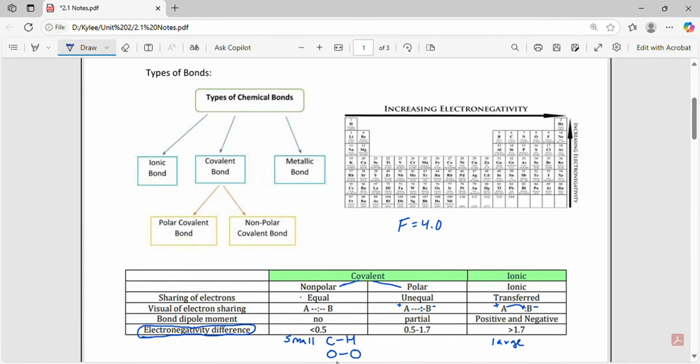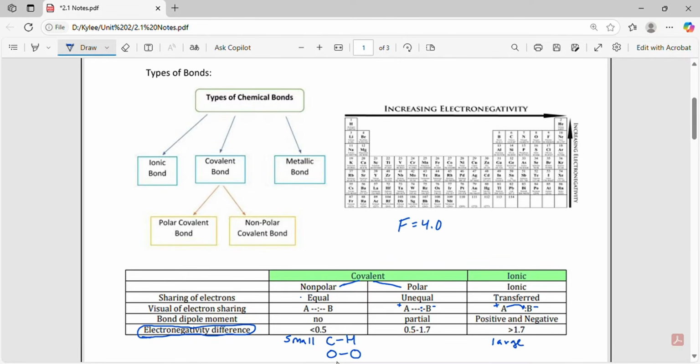And that affects how that molecule will behave. Again, it seemed a little odd at first when we brought up electronegativity, but electronegativity really helps us determine what type of bond we're going to have. Is it going to be ionic? That's going to be a large difference in electronegativity. Is it going to be nonpolar, which means a small difference in electronegativity values, or polar, which is kind of the in-between.